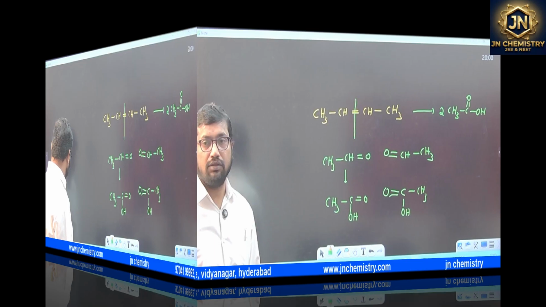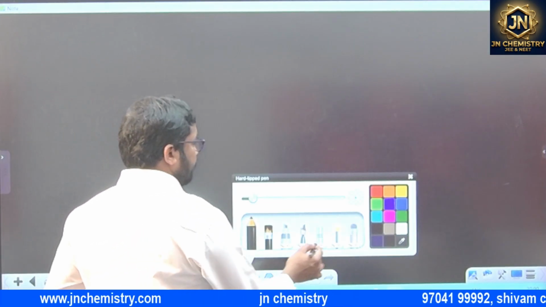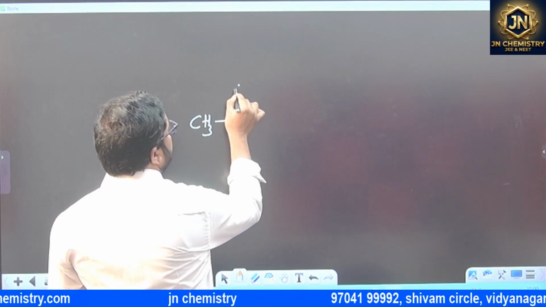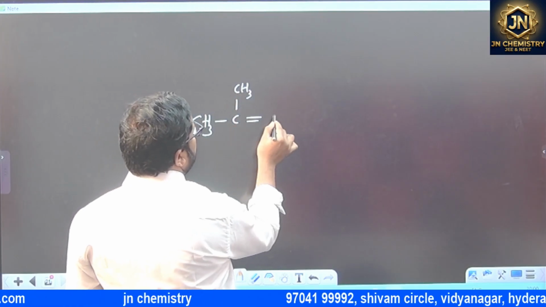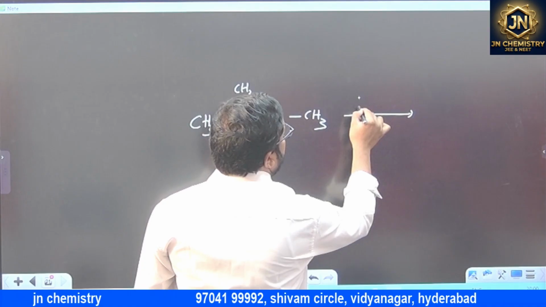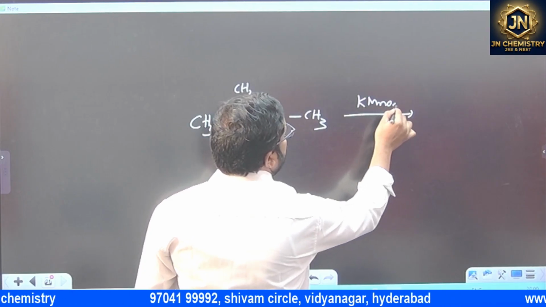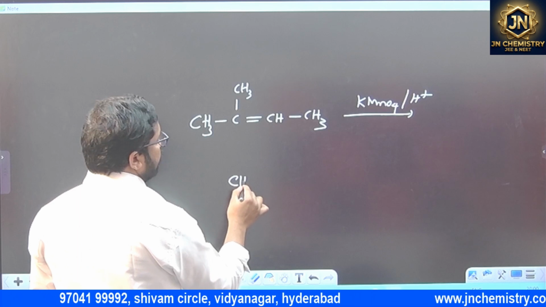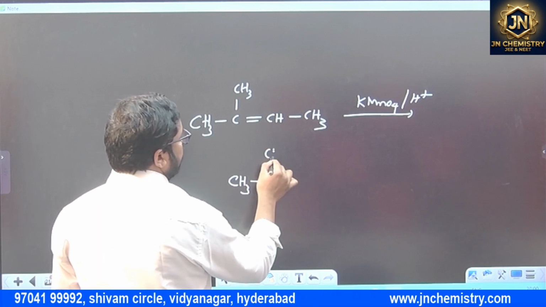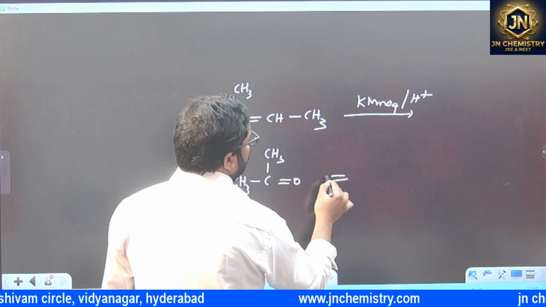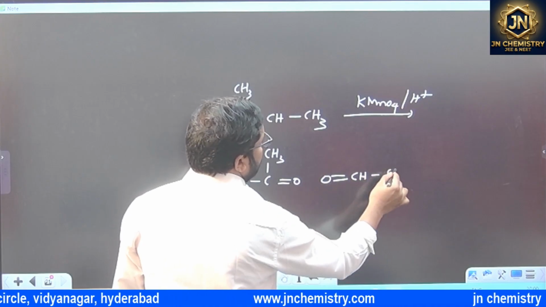Clear, everyone? For example, like this compound is given, CH3, CH3 double bond CH, CH3. Same, KMnO4, H plus acidic medium. What exactly happens now? CH3, CH3 double bond O, O double bond CH, CH3.